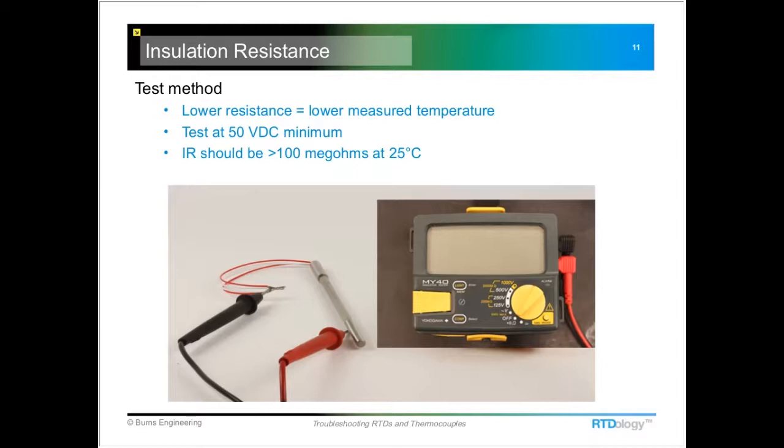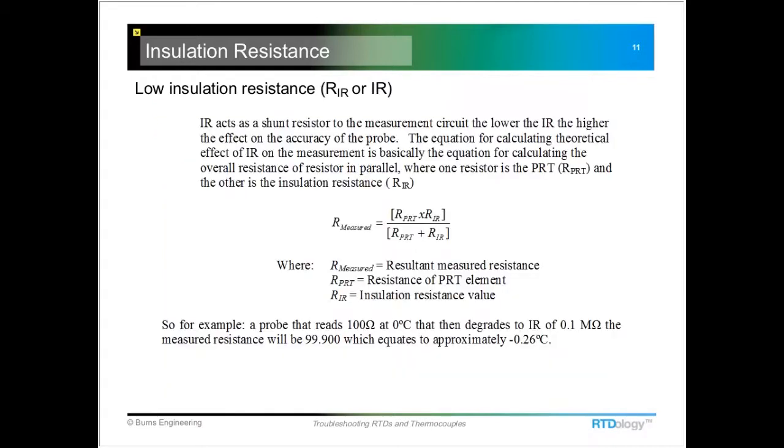So we start out with 100 meg-ohms at room temperature, and if you're using that probe at, let's say, 400 degrees C, it might be down to 5 or 10 meg-ohms. And for those of you that like a little math with your insulation resistance, we do have a little equation here where you can calculate that effect.